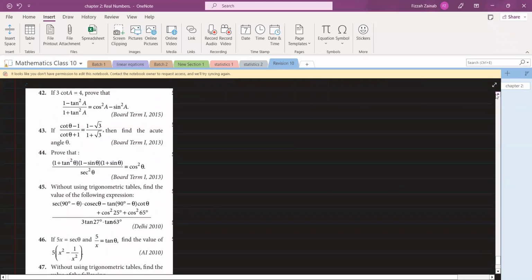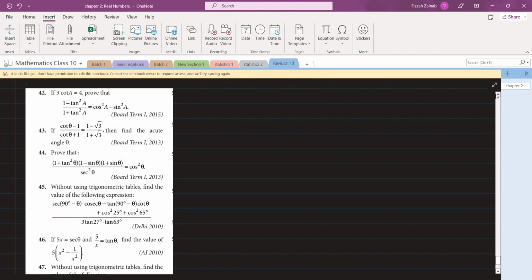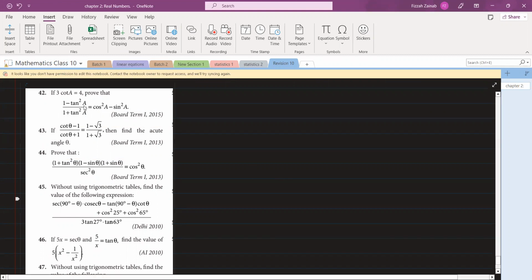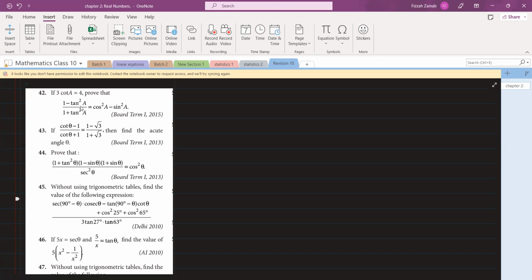Start with question number 42. In question number 42, you have to make a triangle and find all the three sides first of all, right?